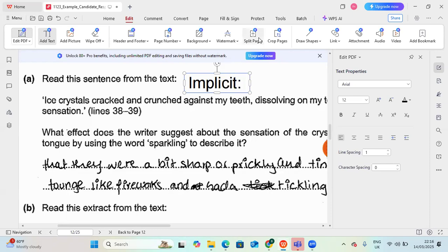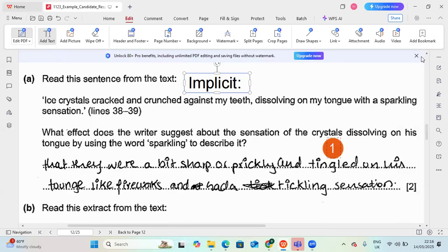Yes, Ibrahim Nadir. Yes, sir. What does the word implicit mean? Sir, the meaning we get after reading the text. Okay, implicit is to do with reading between the lines.